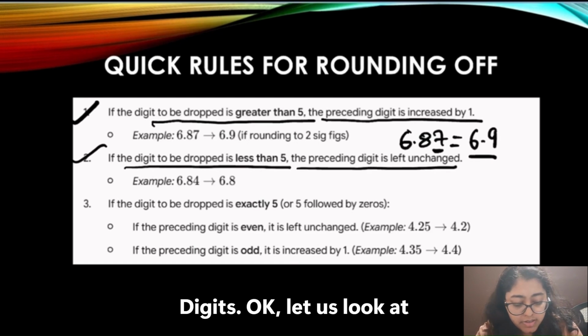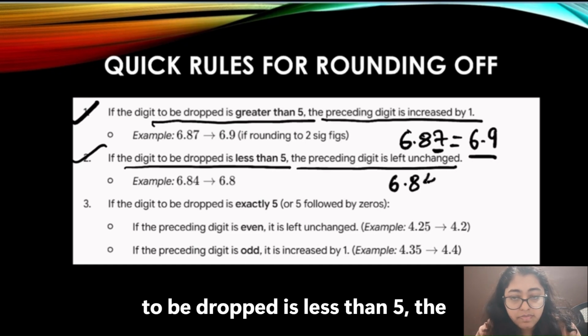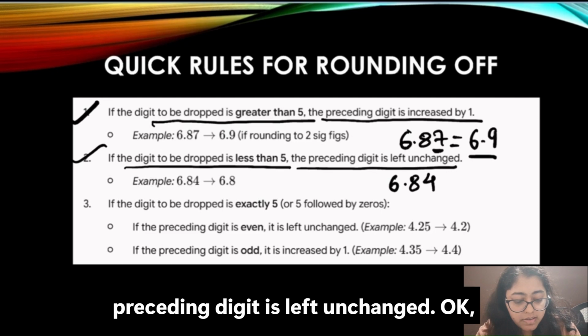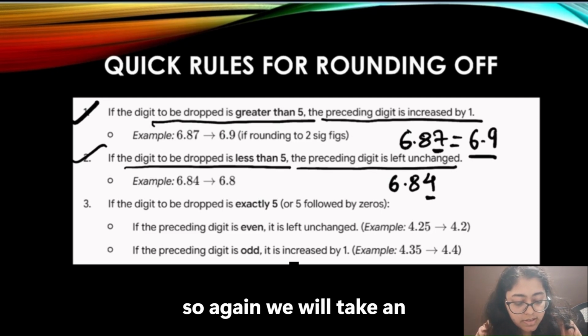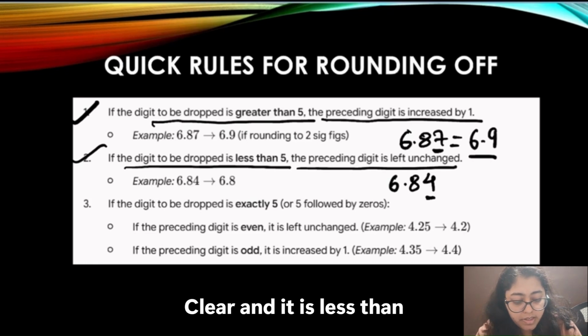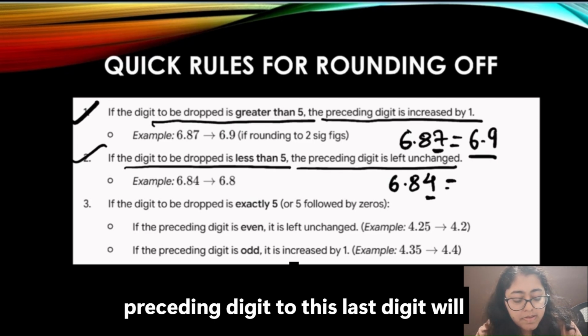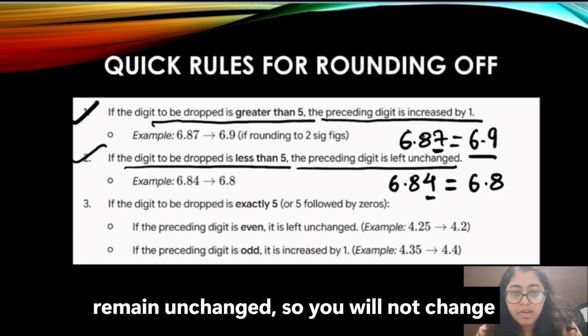So this is the way we round off the digits. Let us look at the second one. If the digit to be dropped is less than 5, the preceding digit is left unchanged. Again, we will take an example like 6.84. Now in this, the last digit is how much? 4. Clear? And it is less than 5. So the preceding digit to this last digit will remain unchanged.